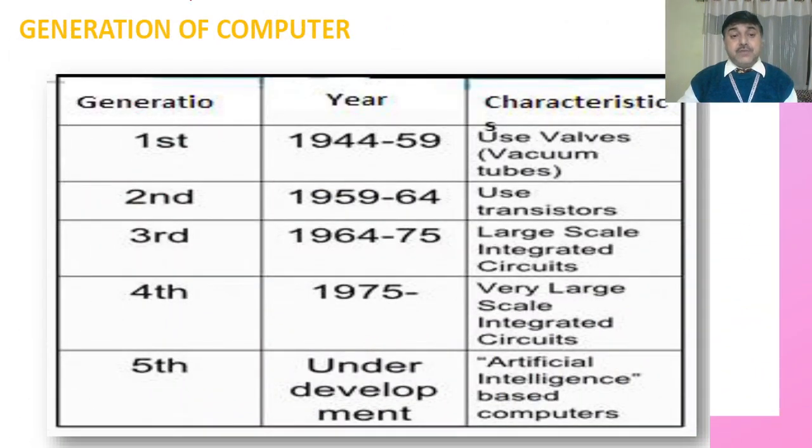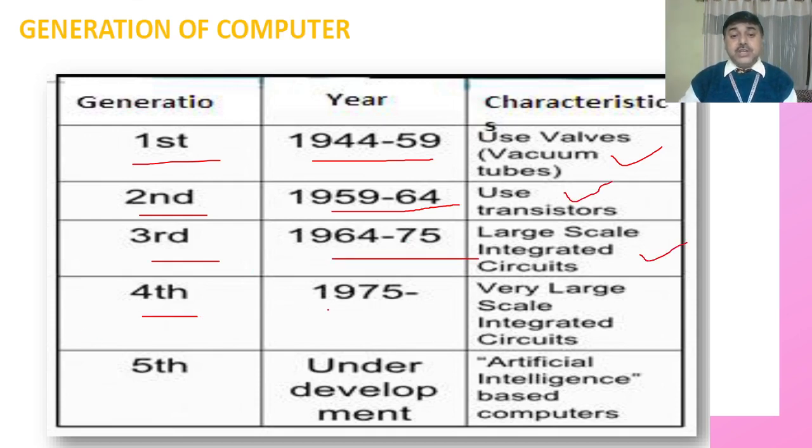The first generation is from 1944 to 59, and vacuum tube was used. The second generation is from 1956 to 64, transistor was used. The third generation is from 1964 to 79, integrated circuit was used.